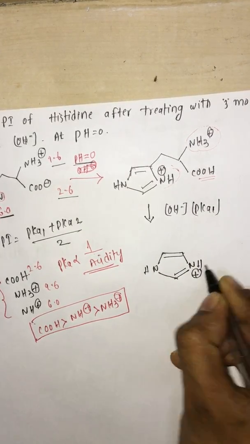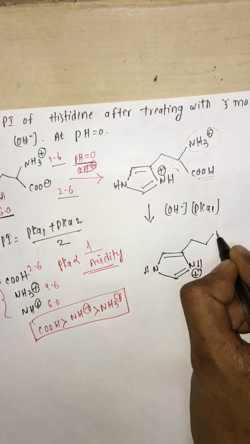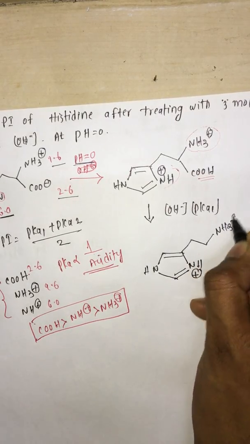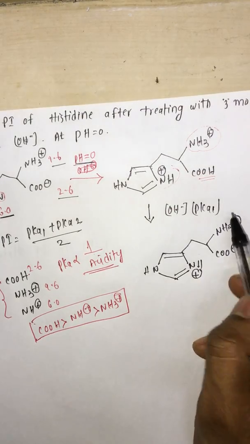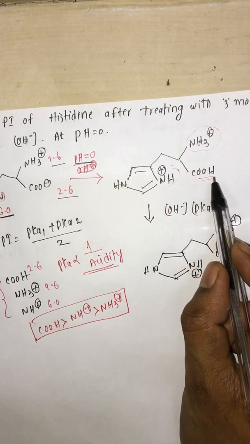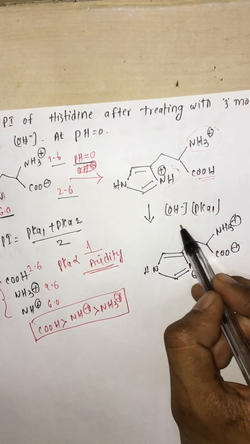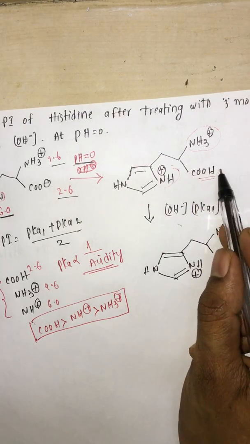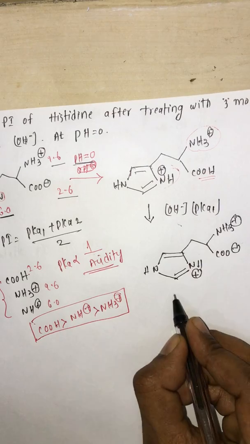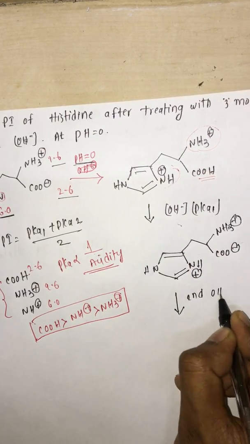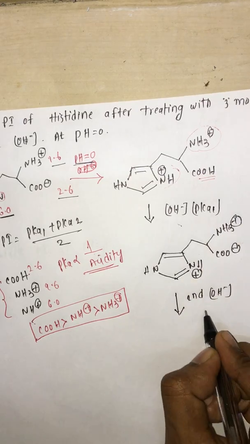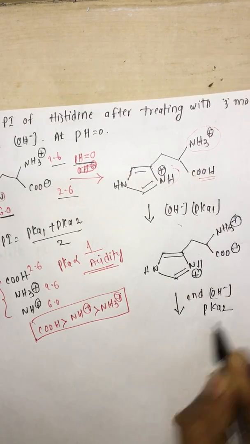A positive charge, this is NH3 plus and COO minus, because the COOH is more acidic in nature. Because of that, the first OH minus will abstract hydrogen from the COOH. Next, we treat with the second mole of OH minus. So this is pKa1, and this will be pKa2.